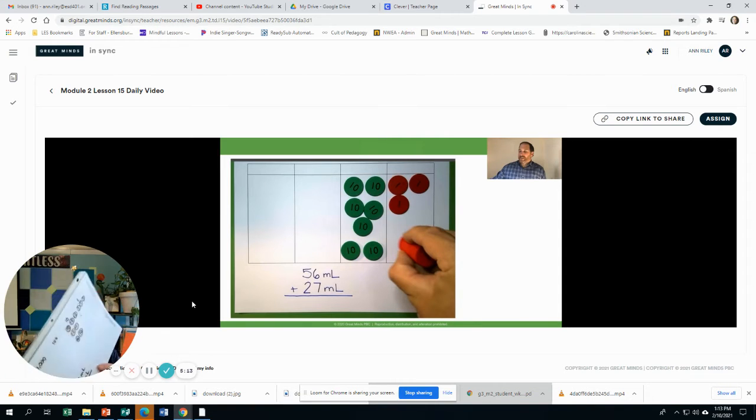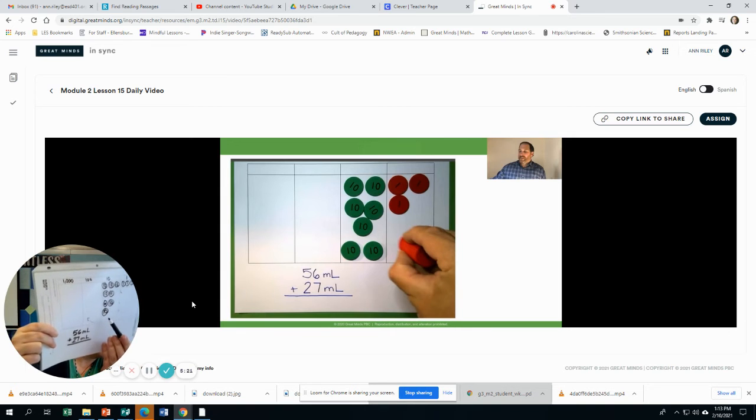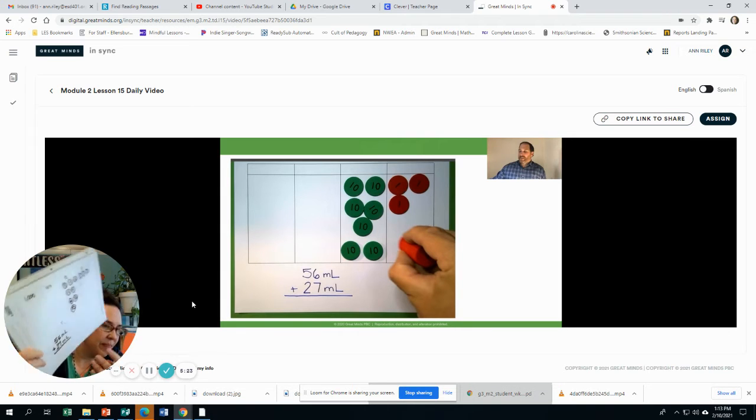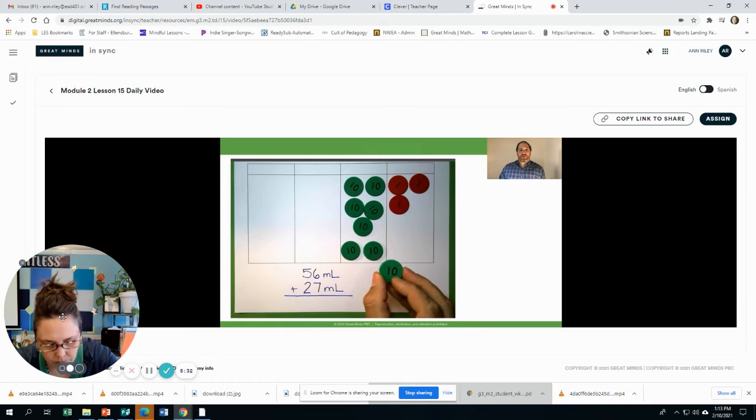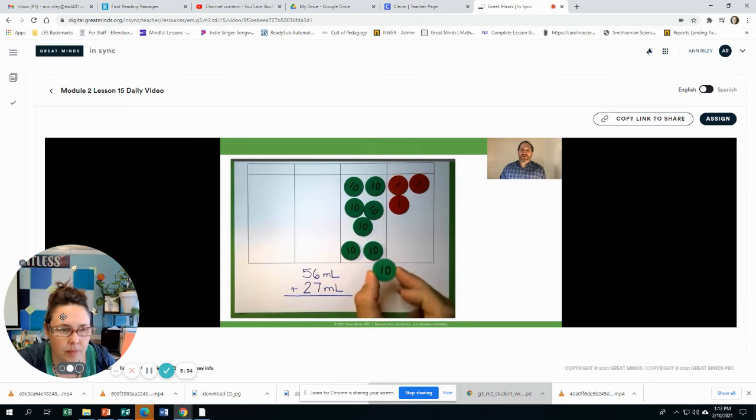Then I'm going to take those 10 and I'm going to make a 10 over here in my tens column. So I'm going to add a 10 right here. All right. 10 ones exchanged for 1 ten. Where does that 1 ten go on my place value chart? Oh, we know. That's right, it goes in the tens column.